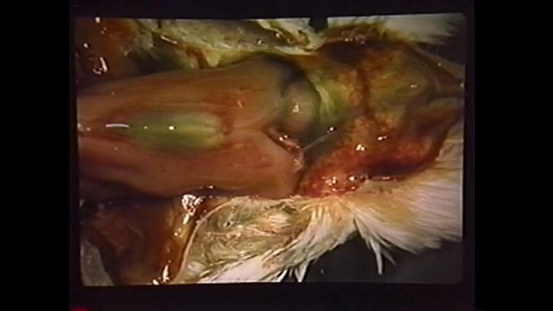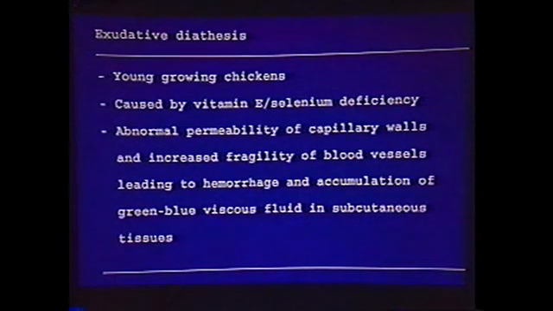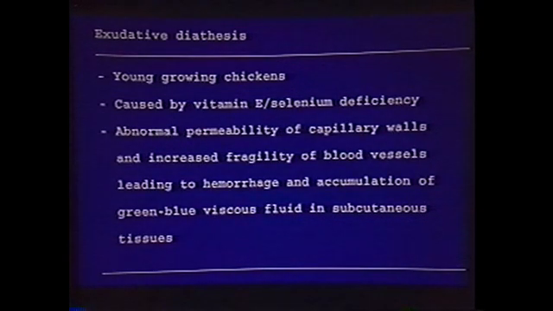Here is a broiler chicken. You can see this greenish yellow exudate over the keel bone, under the skin, or around the crop, in the thighs. This is called exudative diathesis. Exudative diathesis caused by vitamin E, selenium deficiency, is abnormal permeability of blood from the capillaries.